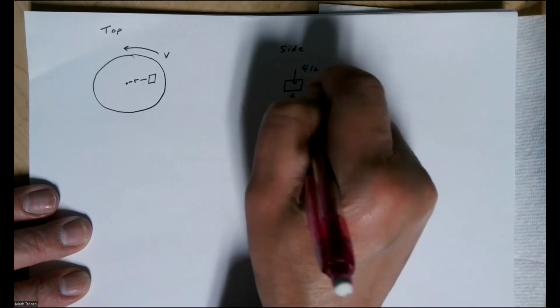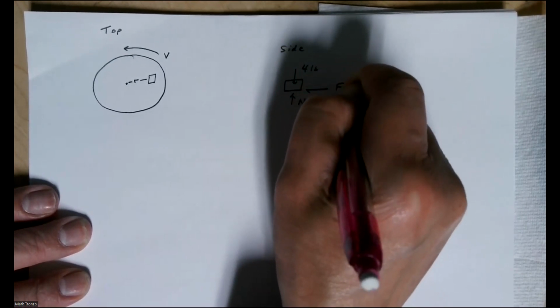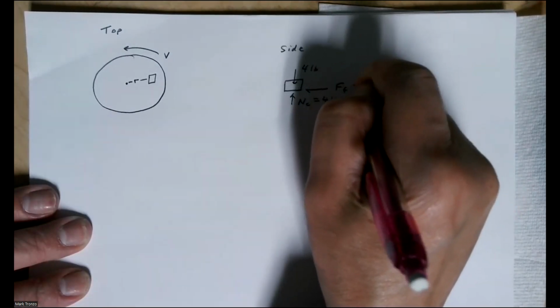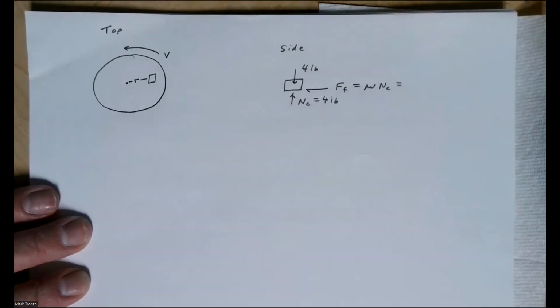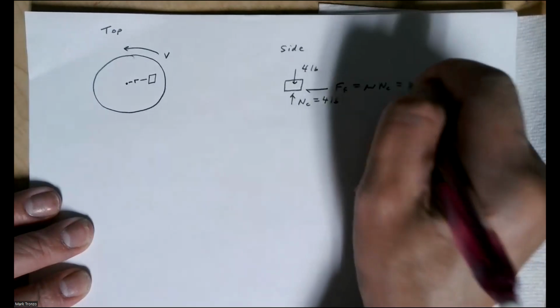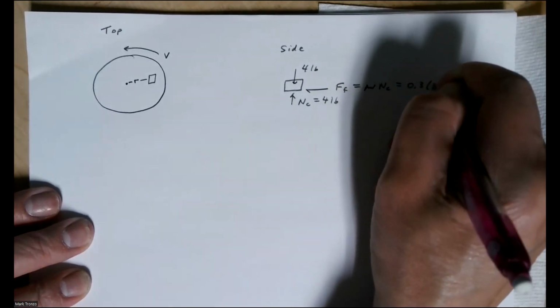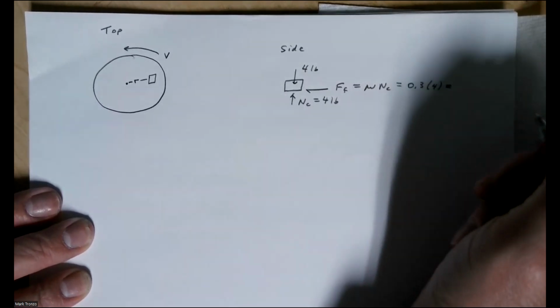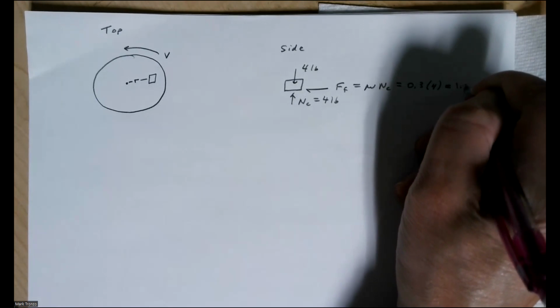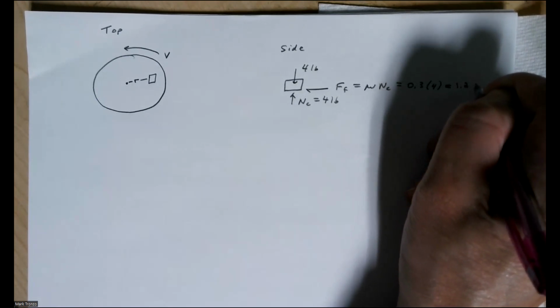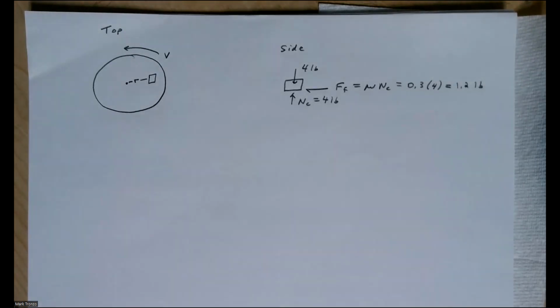And there's going to be a friction force here. And of course, that's always mu times N. In this case, we're told that mu was 0.3. And so it looks like this is going to be 1.2 pounds, like this.